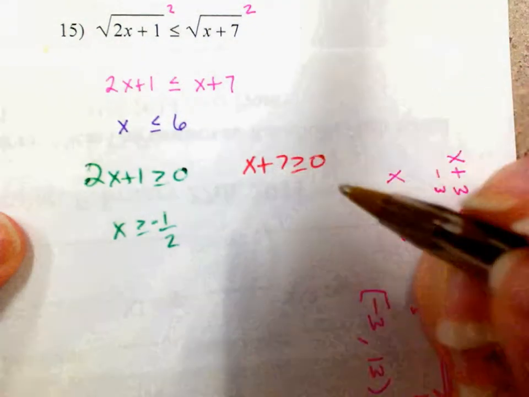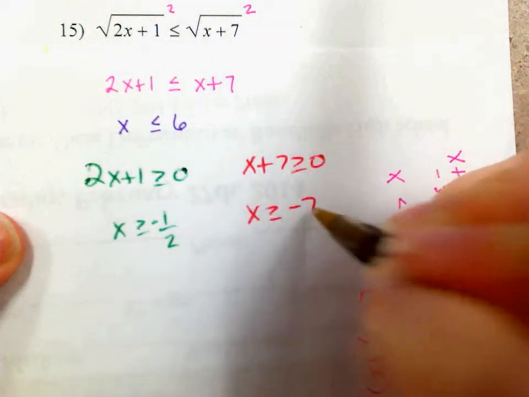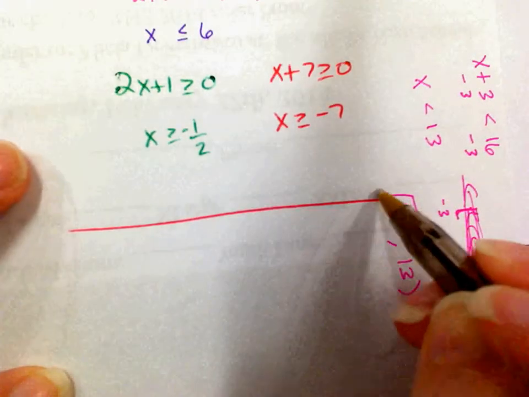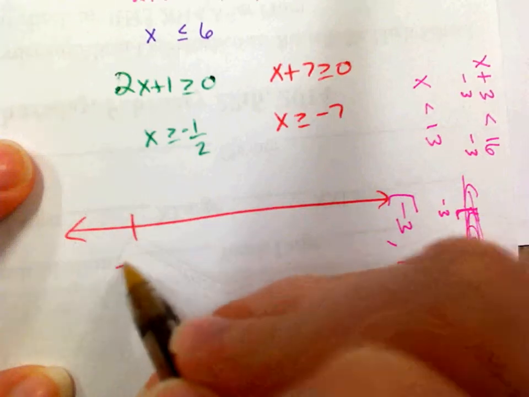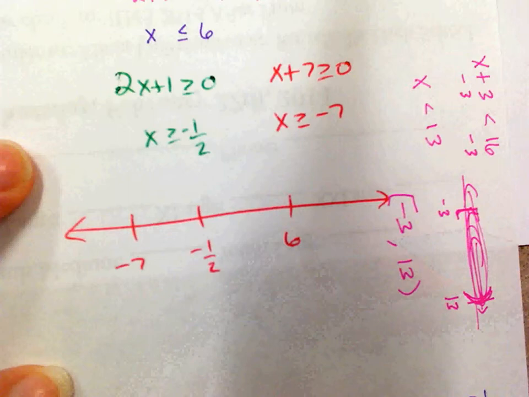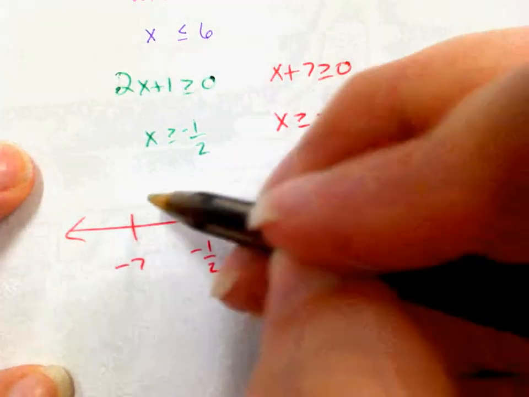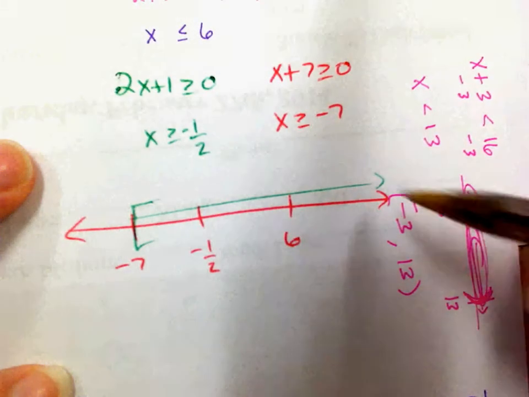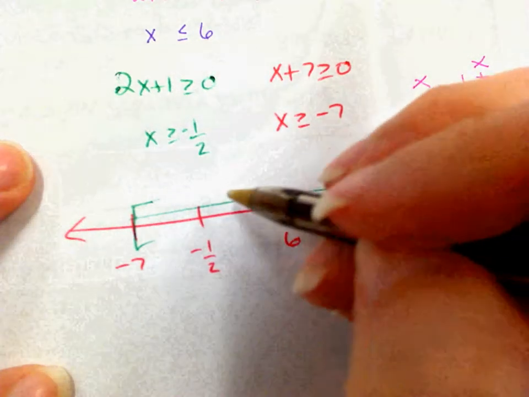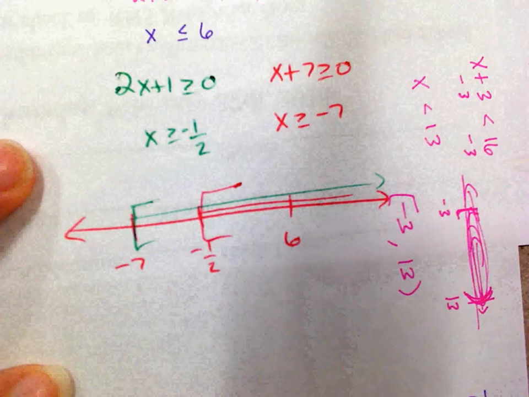So on my number line, I've got 3 different things going on. Here's negative 7, here's negative 1/2, and here's 6. Okay, I need to be greater than or equal to negative 7. I need to be greater than or equal to negative 1/2, and I need to be less than or equal to 6.